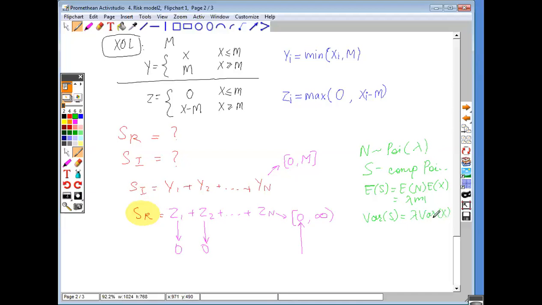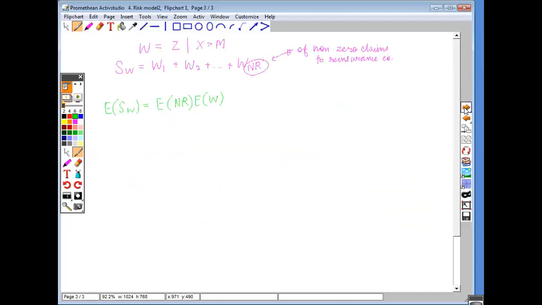So now what we have to do is figure out the expectation of NR and somehow the variance of NR as well, if we can, so that we can use it to write our expectation of SW and maybe the variance of SW.